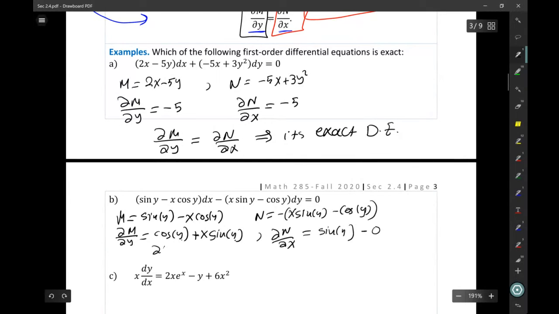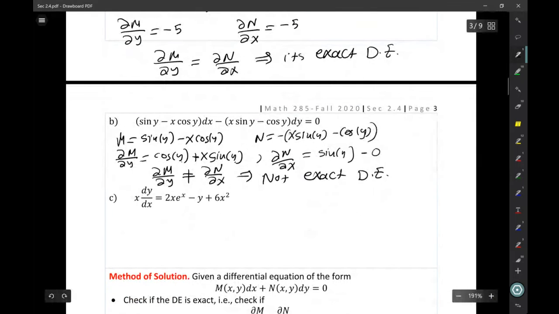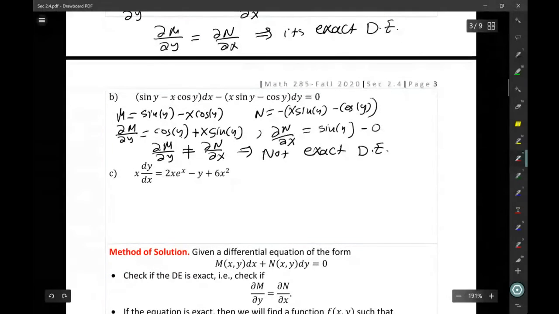So you will see that dM by dy is not equal to dN by dx. Then this equation is not an exact differential equation. Alright.